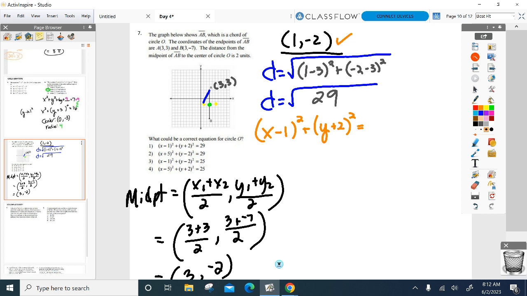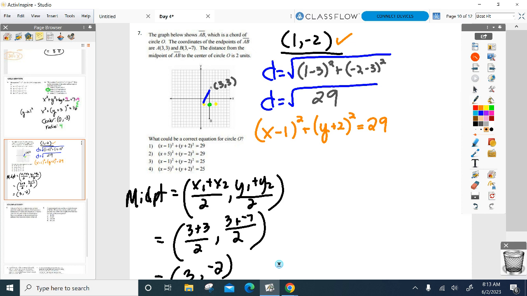The radius length was radical 29, so what's r squared then? R is radical 29, that's the length of the radius. If I square it, just the number underneath the radical, 29. Quick check. Is that one of the choices? I believe it is. Choice 1.